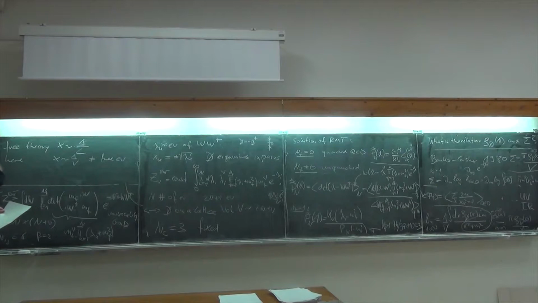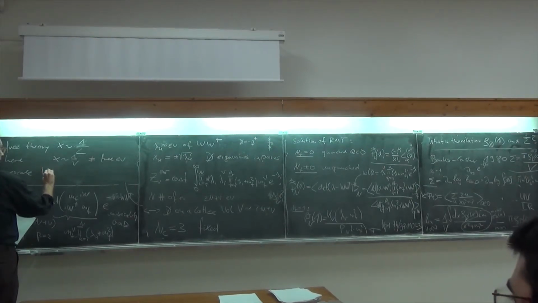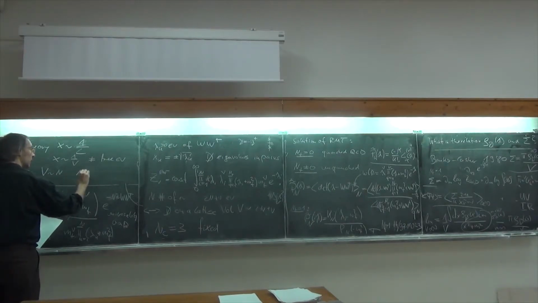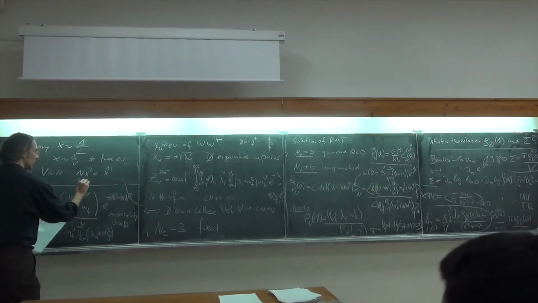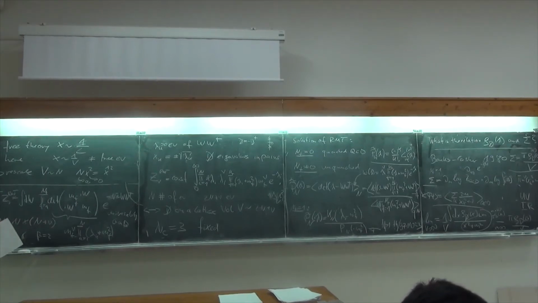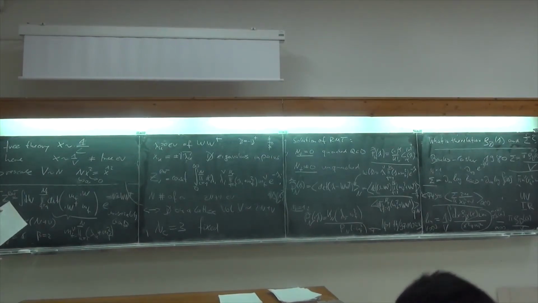It will also tell us that we have to rescale: n times x squared, we call it x. So n goes to infinity and x goes to 0. We are zooming into the origin in our random matrix model and also in our QCD.